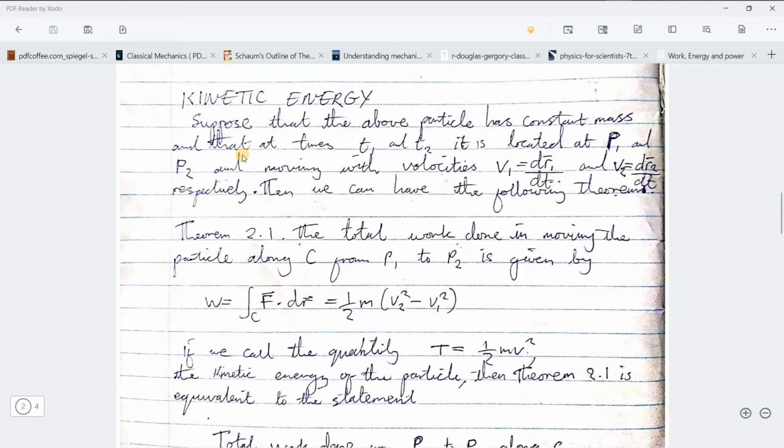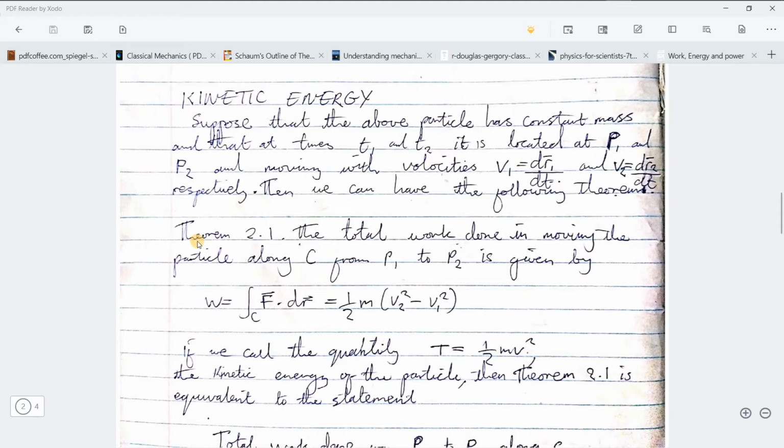So let's look at this first statement, which is saying, suppose that the above particle has constant mass, and that at times t1 and t2 it is located at P1 and P2 and moving with velocities v1 equals dr1/dt and v2 equals dr2/dt respectively. Then we can have the following theorem.